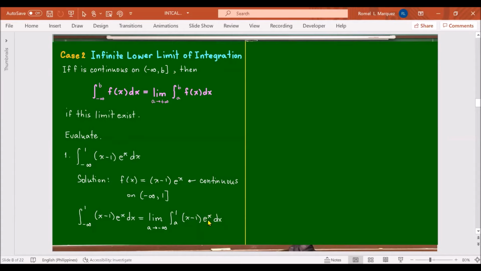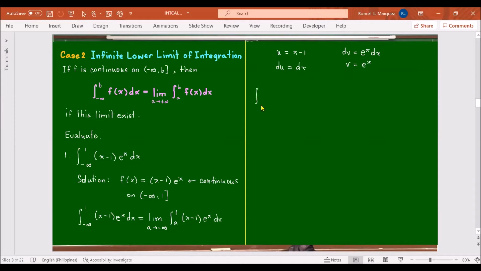To evaluate this integral, we can apply integration by parts. Here, u is equal to x minus 1 and dv is equal to e to the x dx, so that du is equal to dx while v is e to the x.